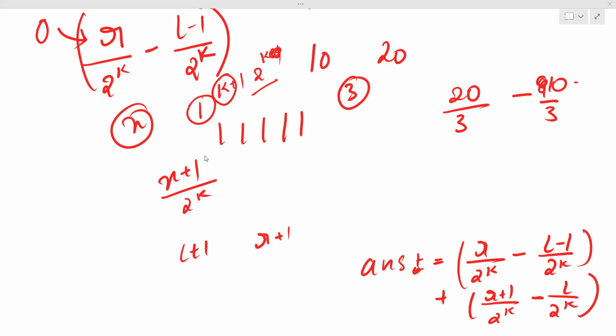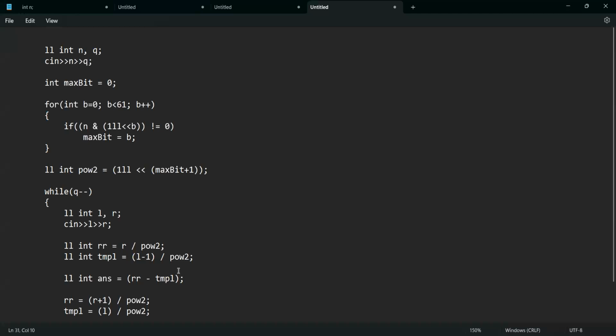And the implementation is also quite easy. This is the implementation for this problem. So max bit is nothing but the most significant bit in n, and once you have got that, I calculate 2 to the power of the most significant bit plus 1, because that's the next bit which I'm going to divide by.